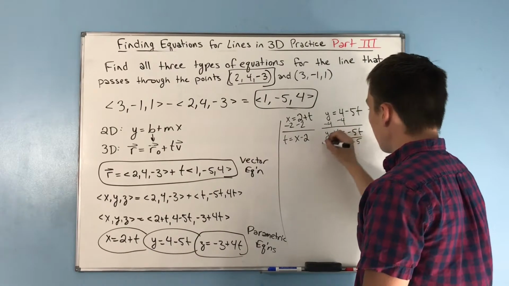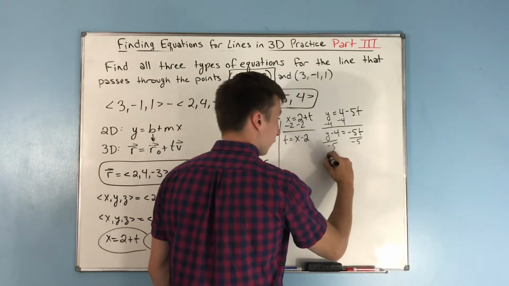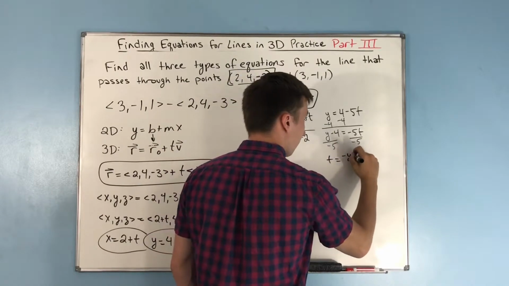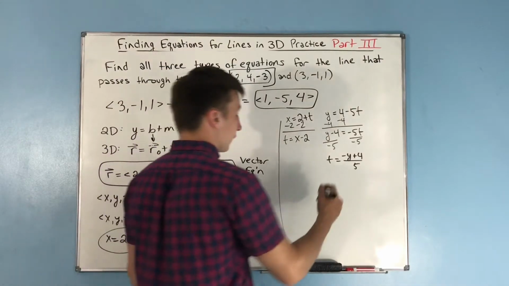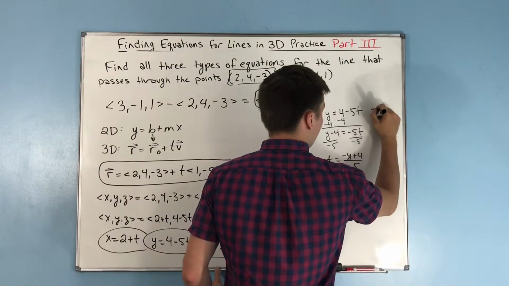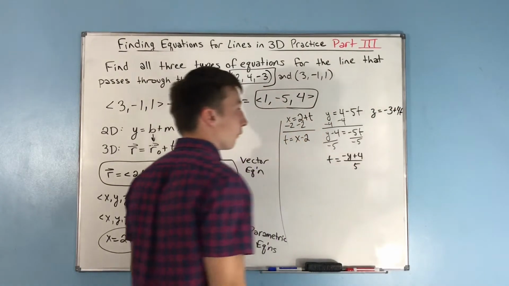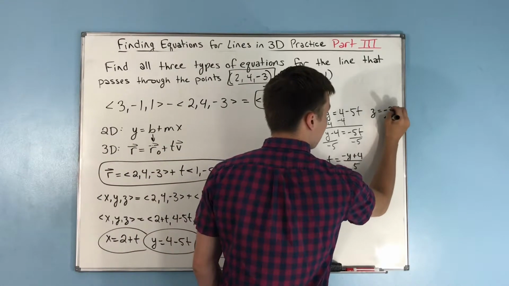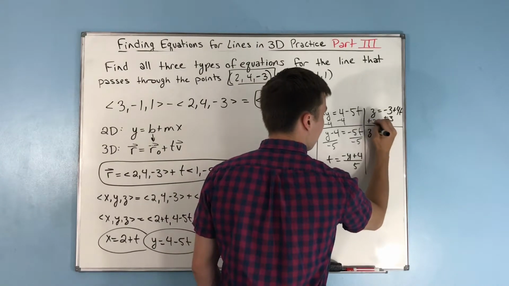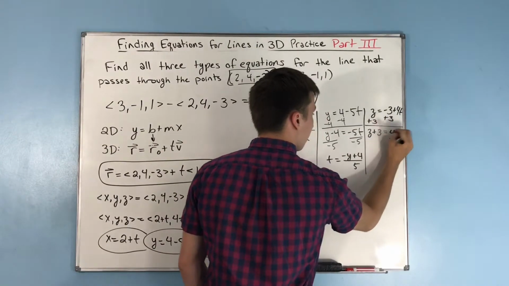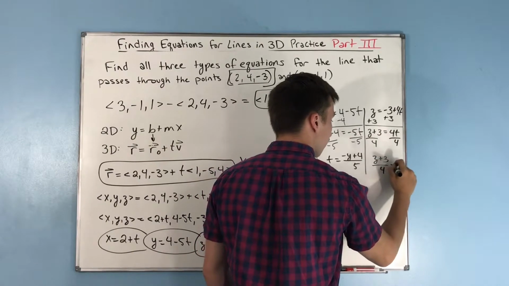We divide by -5, and t equals (-y plus 4) over 5. Then z equals -3 plus 4t. We add 3 on both sides, so z plus 3 equals 4t. We divide by 4, and (z plus 3) over 4 equals t.